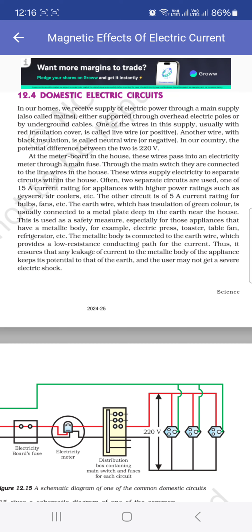In order to distinguish between the live wire, neutral wire, and the earth wire, the wire having red plastic covering is made live wire. The wire having black plastic covering is made neutral wire. The wire having green plastic covering is made earth wire.